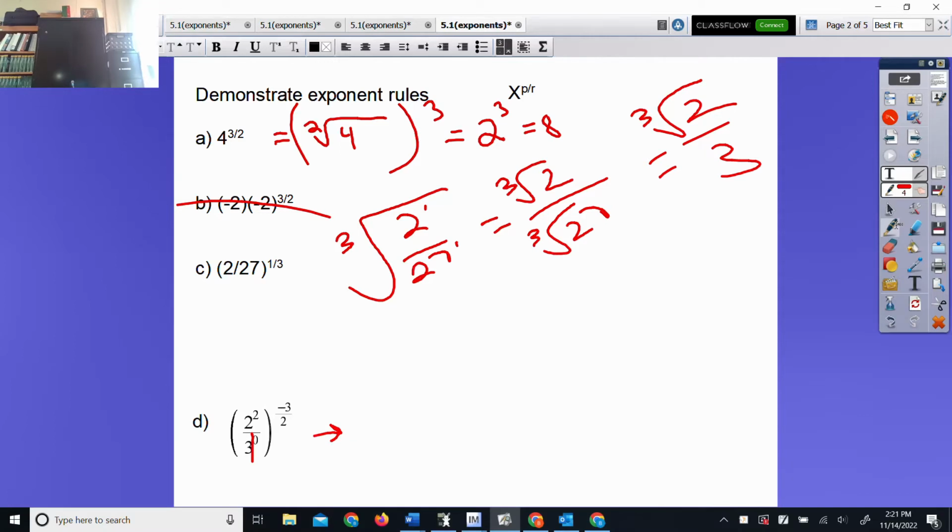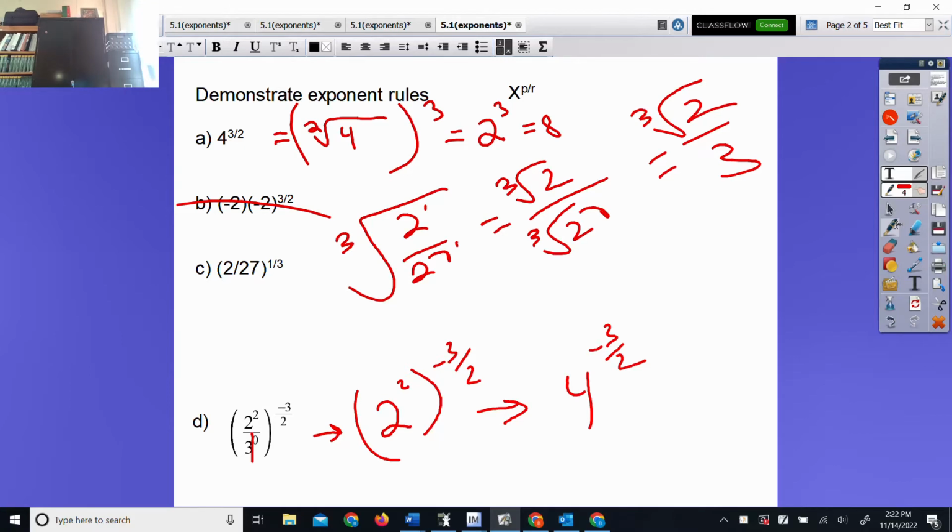Now what you have is a 2 squared raised to the negative 3/2. There's lots of ways of doing this. Want to make it a 4? I'm okay with that. We just talked about it. Anything to the 0th power is what? 1. What rule are you going to use to evaluate this?